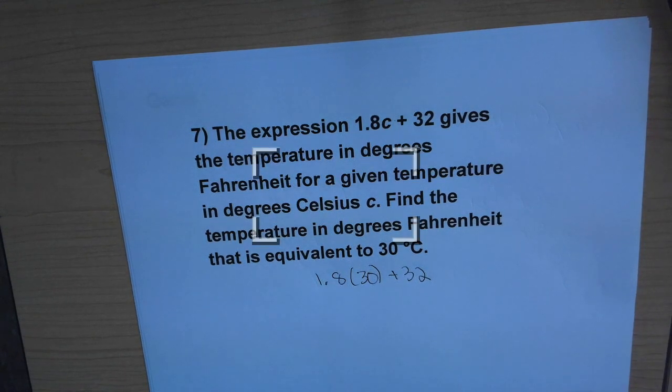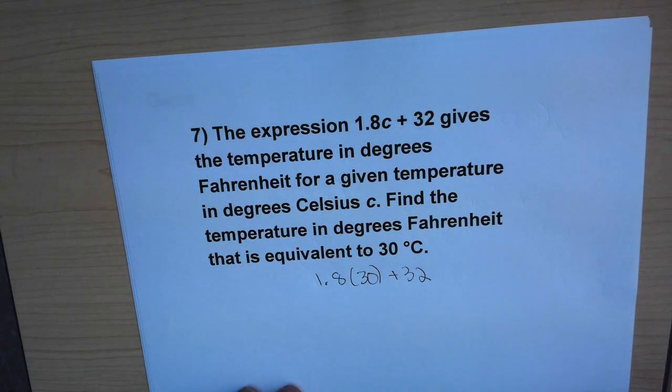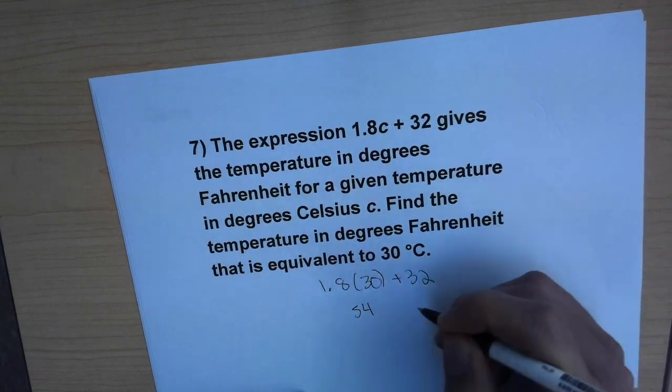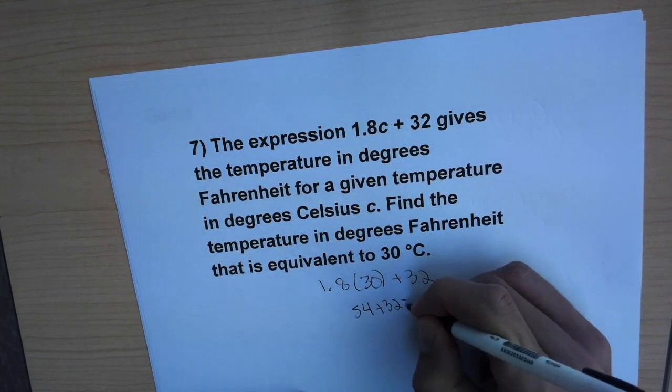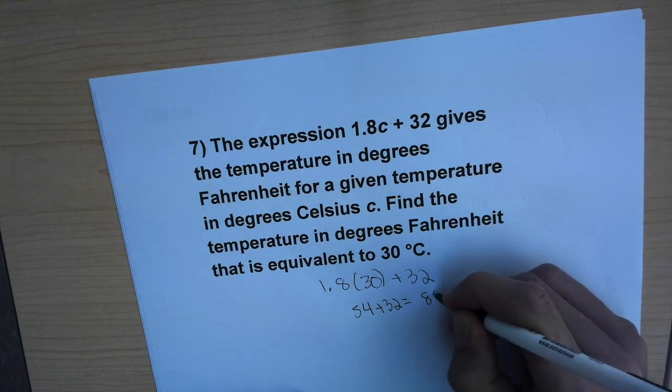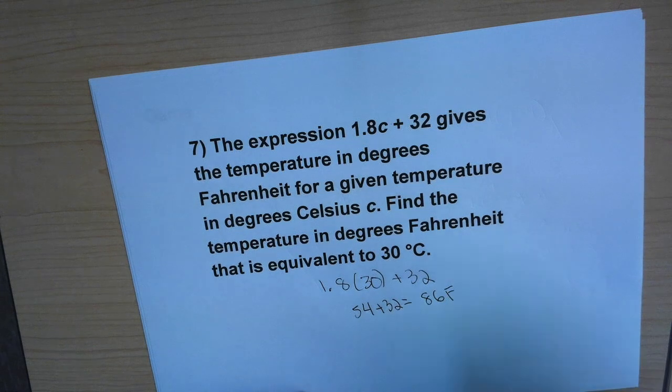So now I have 1.8 times 30. So now I get 54. 54 plus 32 is 86 degrees Fahrenheit.